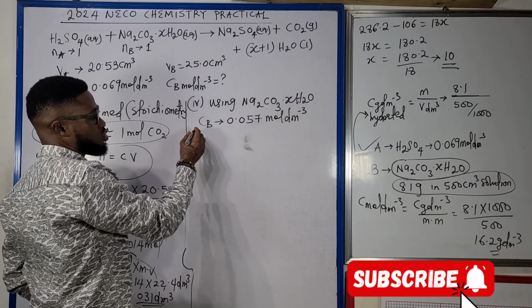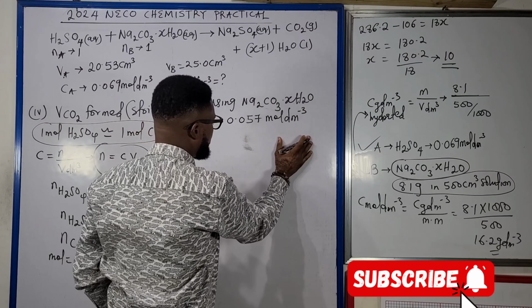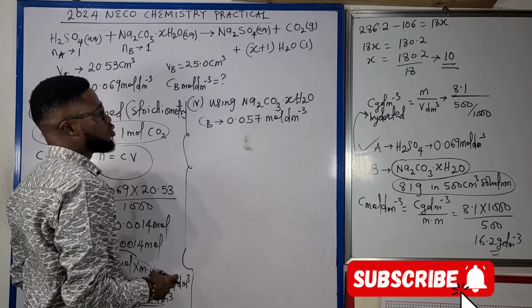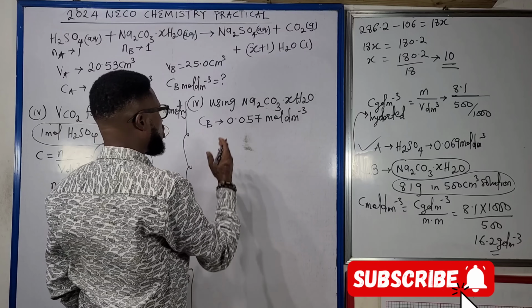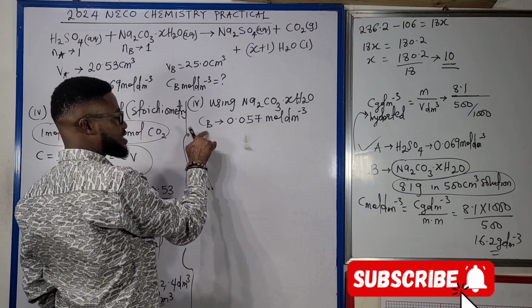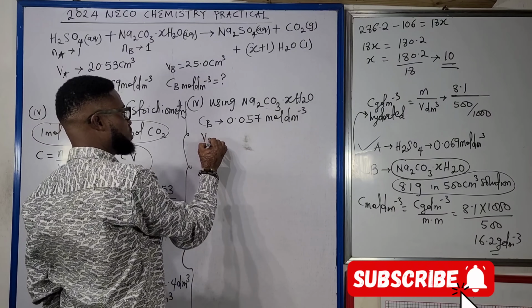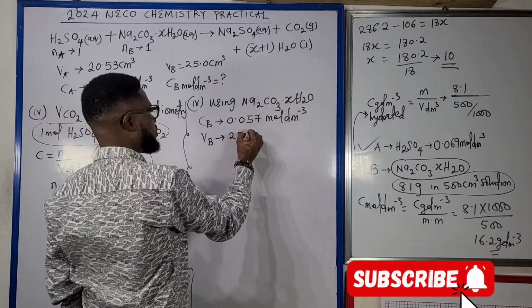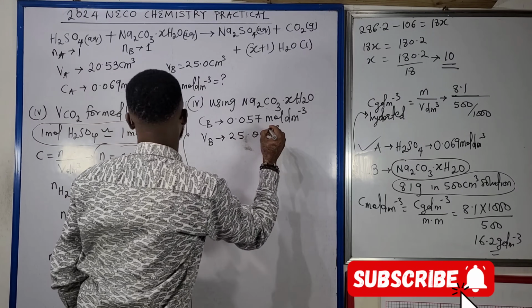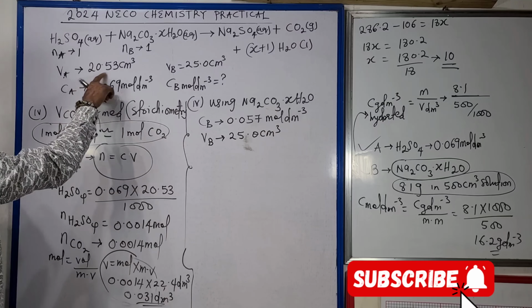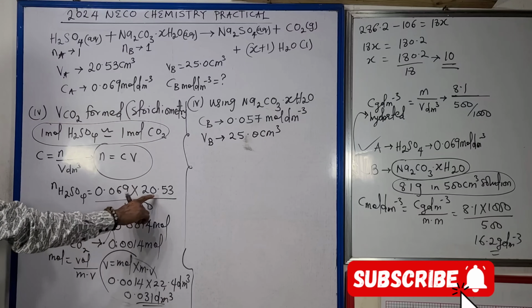Recall that the concentration of B is 0.057 mole per dm cube. What that means is that when we were dealing with B, the volume of our pipette VB was 25.0 cm cube. In the case of the acid, we use 20.53, and that's exactly what we use there.